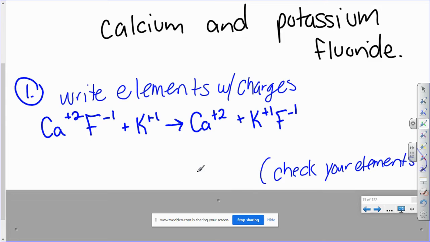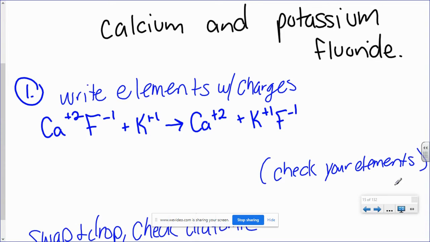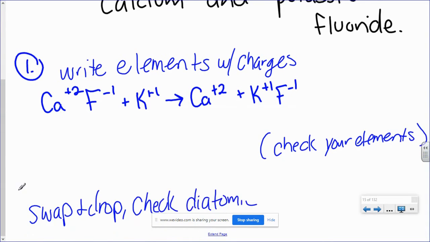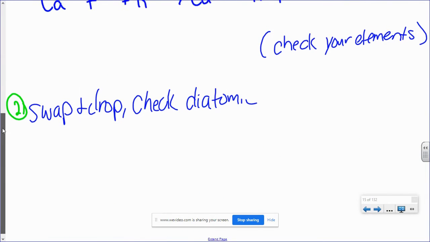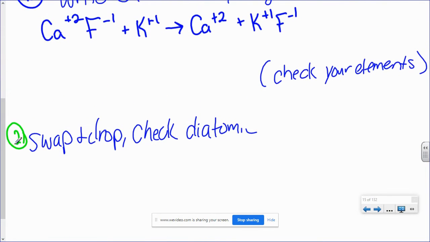So I'm good to move on to step number 2, which is swap and drop and check if diatomic. So remember, with swapping and dropping, ones do not matter. So I'm going to go ahead and scratch out my ones. And then if it's connected to an element, my charge is going to swap and drop.